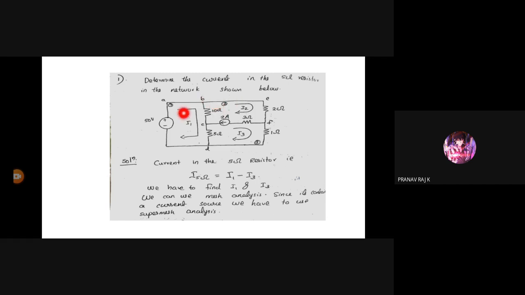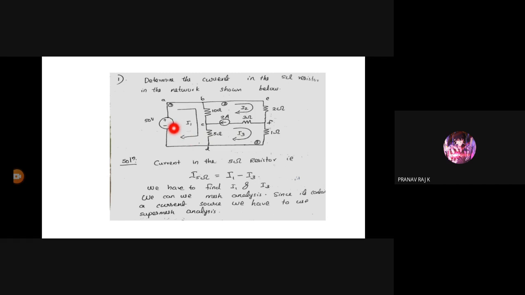When you are seeing such a circuit and you are asked to find the current through the 5 ohm resistor, first you should check whether you are able to apply mesh analysis or not. Here the mesh currents are already marked as I1, I2 and I3. So it is better to do mesh analysis, but there is some problem.